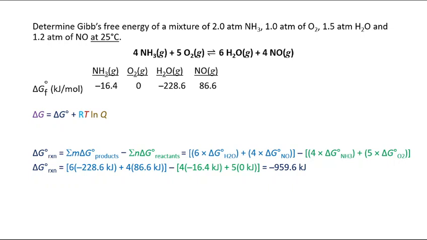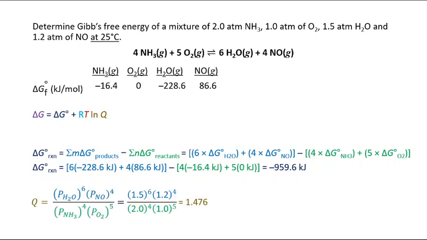Q. And so Q, back in the previous chapters, you have to remember that Q, in this case, since we're given partial pressures and not concentrations, is still going to be set up the same way. You're going to be taking your products over reactants. You just need to remember that 6 H2O becomes the partial pressure of your H2O raised to the power of 6.